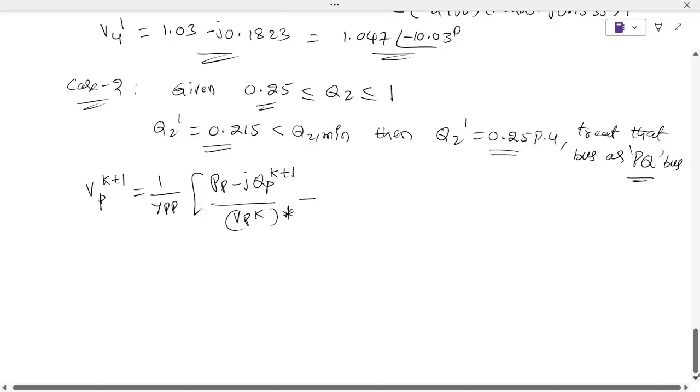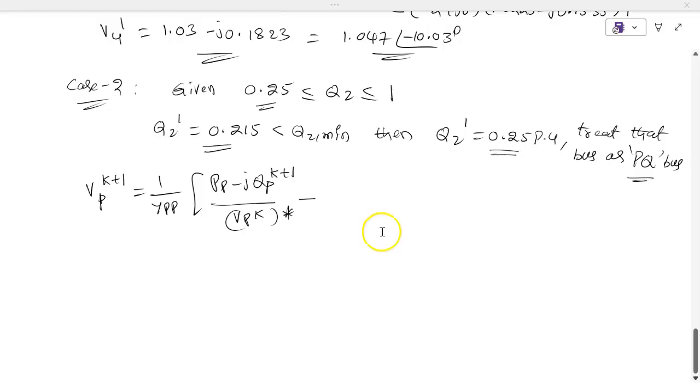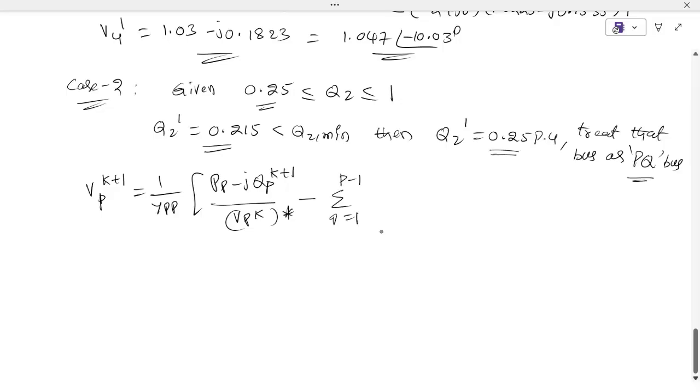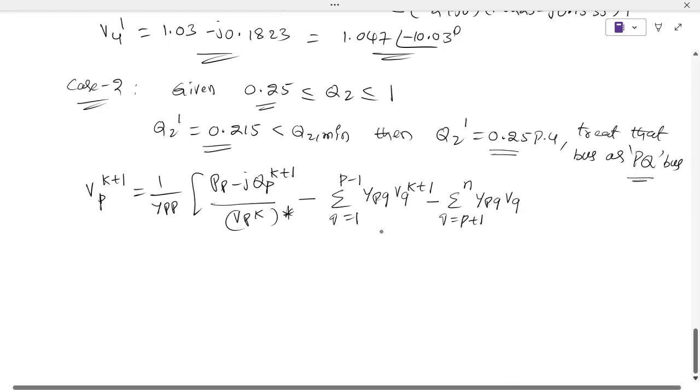minus sigma q equal to 1 to p minus 1 of Ypq Vq(k+1), minus sigma q equal to p plus 1 to n of Ypq Vq(k).